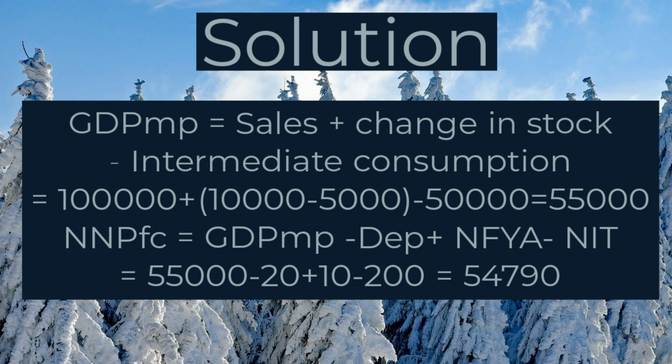So 1 lakh plus change in stock, closing stock minus opening stock, 5,000 minus 10,000. So 1 lakh 5,000 will be value of output, and intermediate consumption is 50,000. So 1 lakh 5,000 minus 50,000, GDP-MP will be 55,000. Now how will we get NNP-FC? We have to deduct depreciation, add NFYA and deduct net indirect taxes from GDP-MP to get NNP-FC. So 55,000 minus 20 plus 10 minus 200, 54,790 will be our NNP-FC.